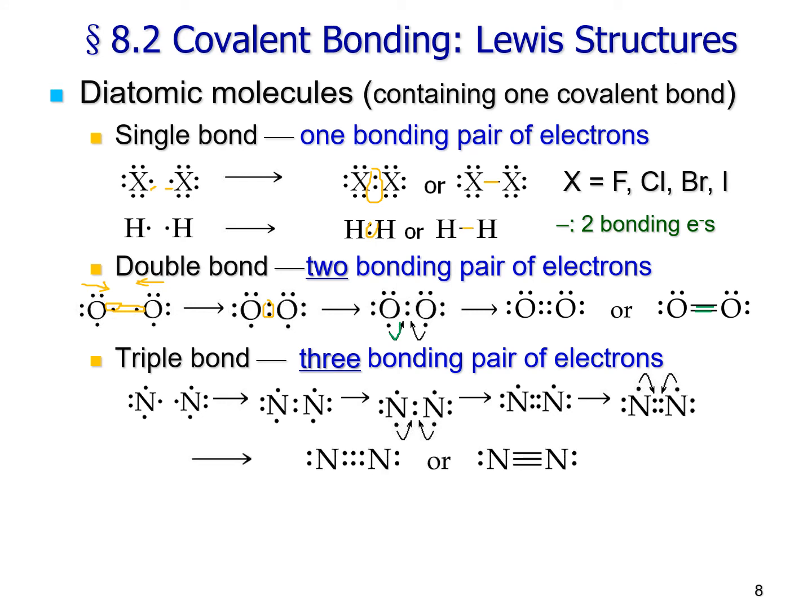In this way, we have 6 electrons in the bonding. And only in this way, we realize each nitrogen has an octet. 1, 2, 3, 4, 5, 6, 7, 8. And we have a triple bond right here. 3 dashes to represent a total of 6 bonding electrons.